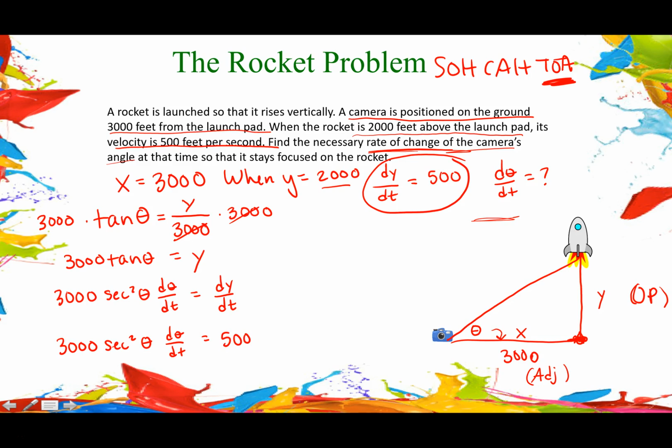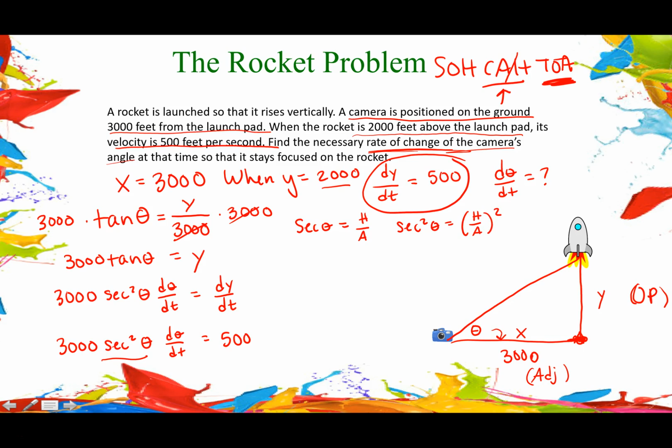We're in really good shape right now, except we don't have secant squared theta. As a reminder, secant theta is the reciprocal of cosine. If cosine is adjacent divided by hypotenuse, then secant is hypotenuse over adjacent. And similarly, secant squared theta is hypotenuse over adjacent, squared.